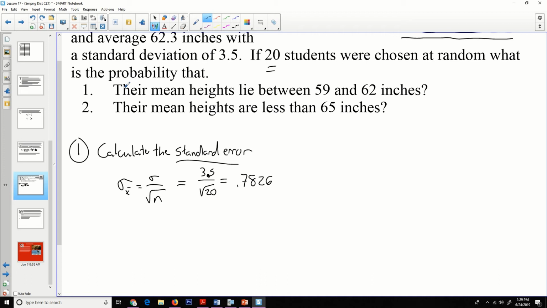All right, so what is the probability? So part 2 is, this is still 1. The next thing we're going to do is use the normal CDF function with the standard error.